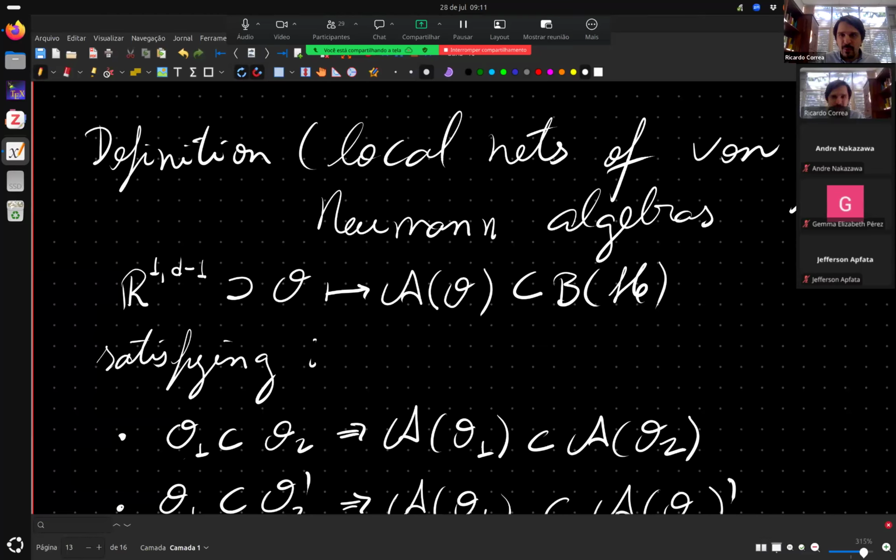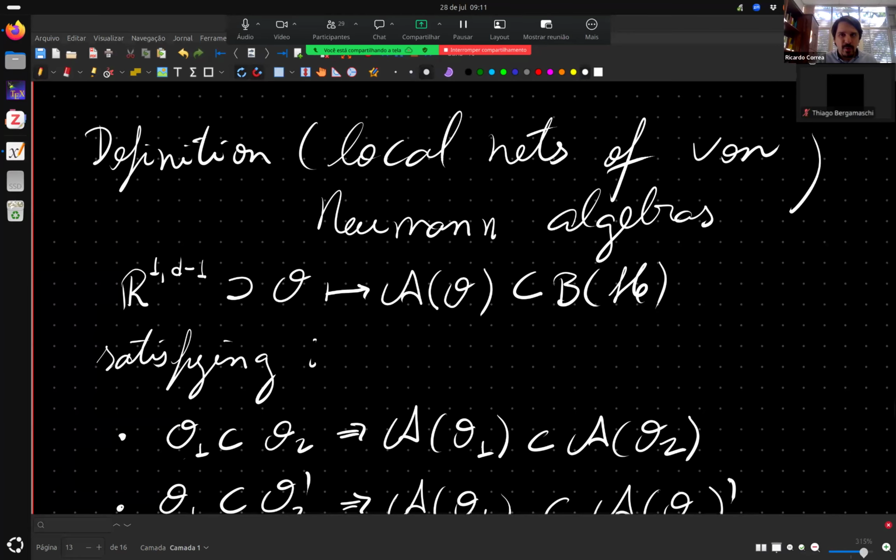Okay, now going back to the point we stopped at yesterday. We were looking at what would be the desired properties of something that I will call a local net of von Neumann algebras.